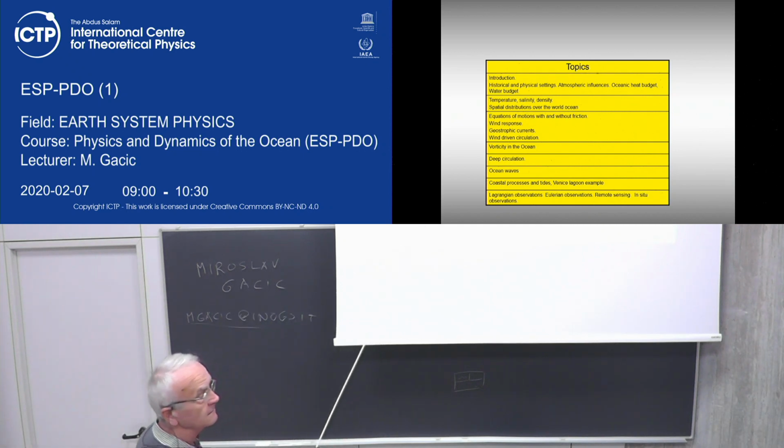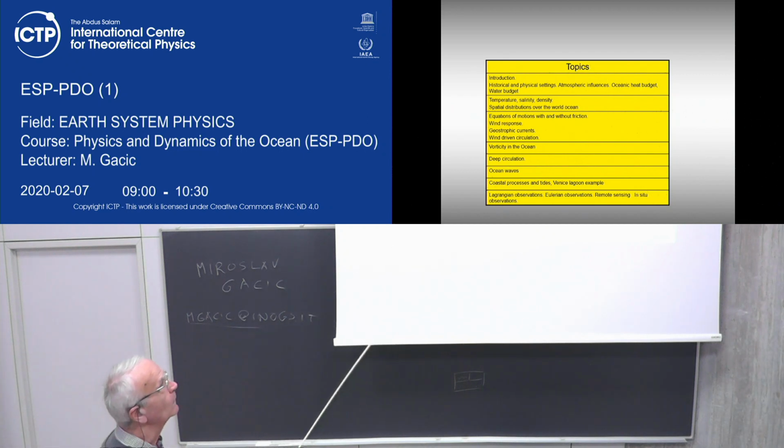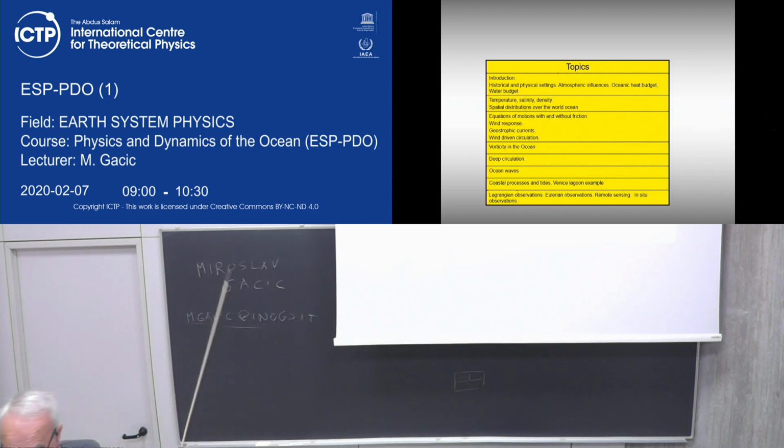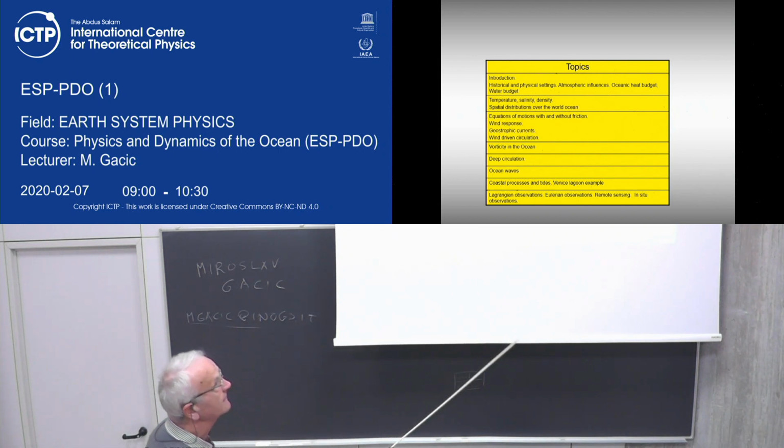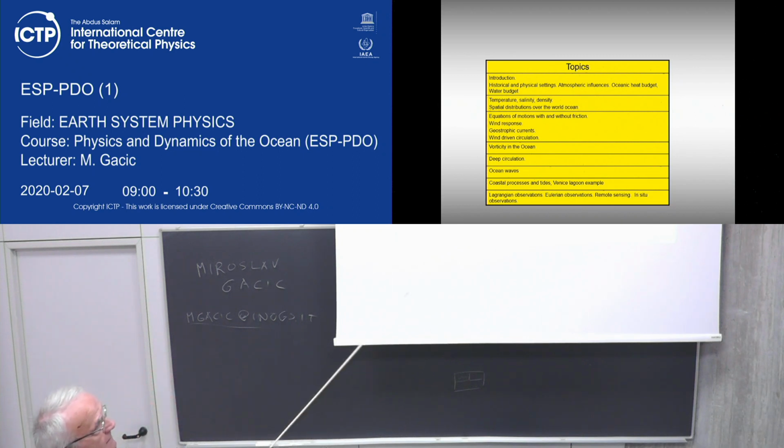We have the deep circulation, because the major part of the ocean, you will see later, is deeper than a few hundred meters, so it's very important to know the deep circulation. We have ocean waves, which I will not talk about too much. I will mention the long waves, but not the short wind waves. Then we have coastal processes and tides, and I'll mention just the Venice Lagoon example.